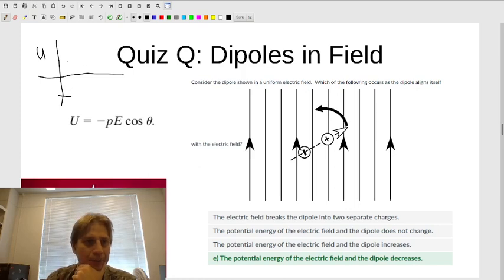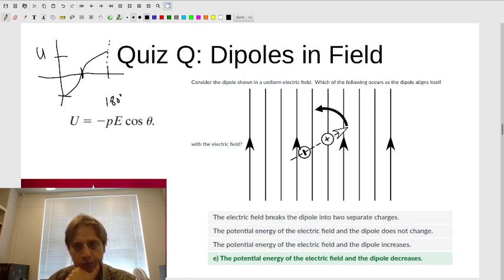If it's opposite the electric field, so there's your 180 degrees, it has the highest, and by convention, we say that if it's perpendicular to the field, it has potential energy of 0. Remember, we can never really detect energies, we can only detect changes in energy. So in this case, the potential energy decreases as it swivels and aligns with the field. So we had a fair number of people get this wrong.